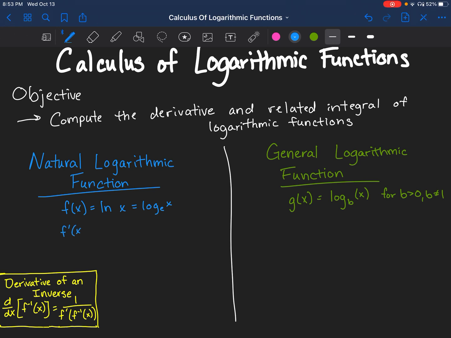So when I go to take the derivative of the natural logarithm of x, what I'm going to do is take 1 over the derivative of the original function, the inverse of the natural log, which is e to the exponent of the natural log of x. So I'm just following this formula down here. The derivative of e to the x is e to the x, and I'm plugging in ln of x into this function.